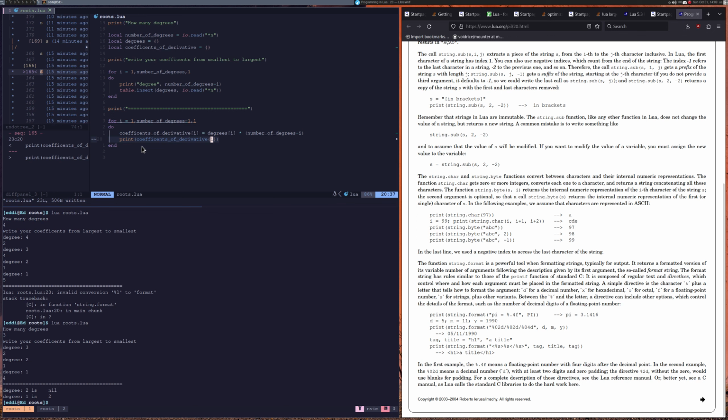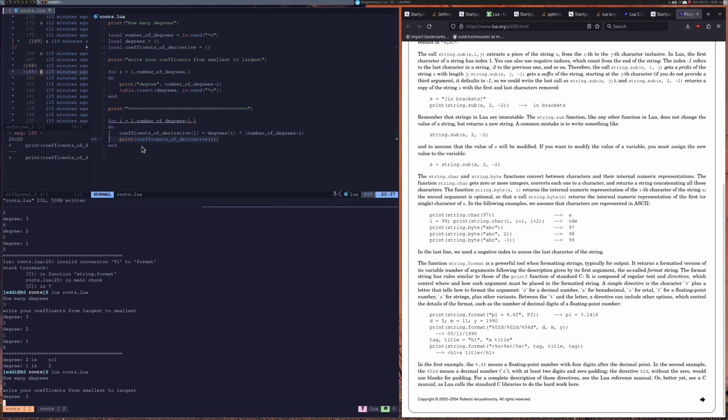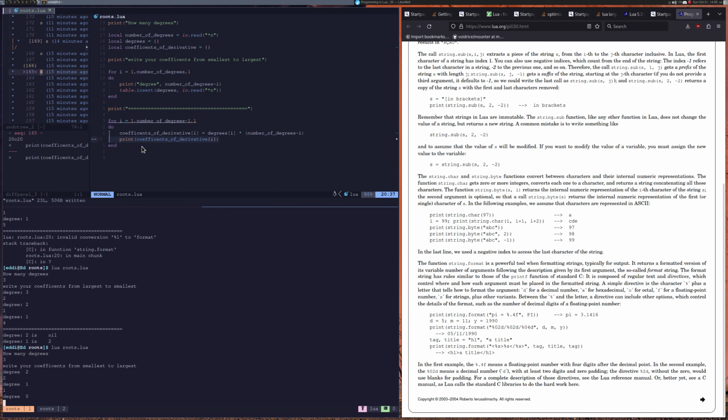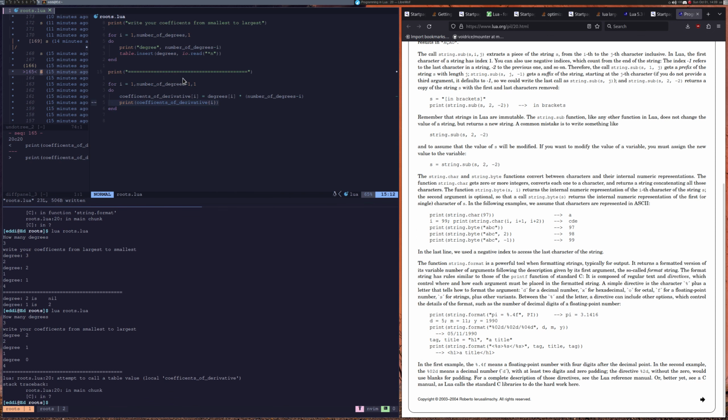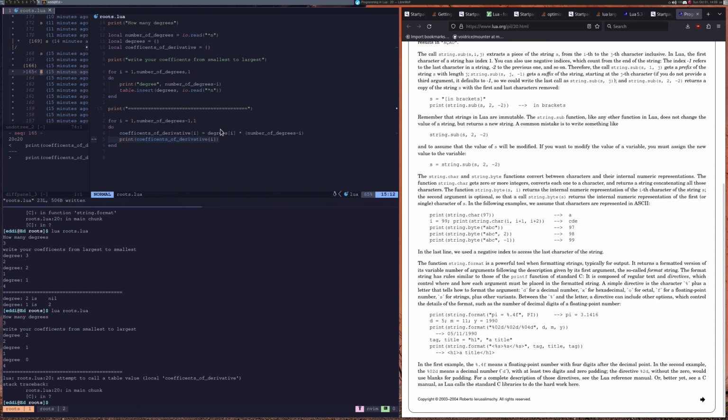Alright, let's go back. Oops. What the heck? Did I not save? Break coefficient I. Attempt Lua 20.